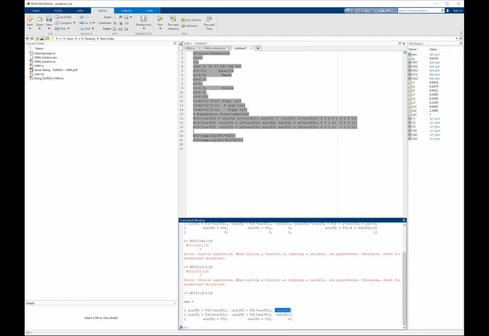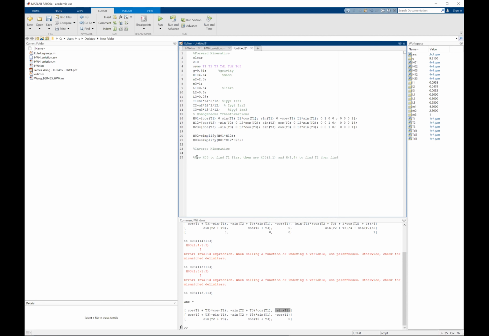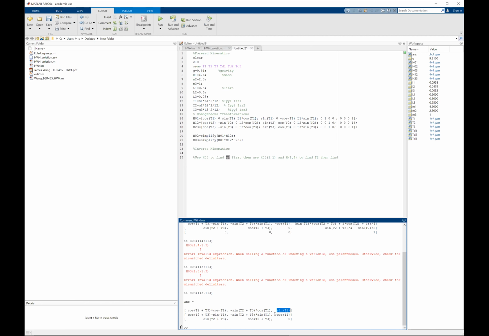So to solve inverse kinematics, I will give you the hint here in the code. Use 0h3 to find T1 first. From this element, you can find out the value of T1.